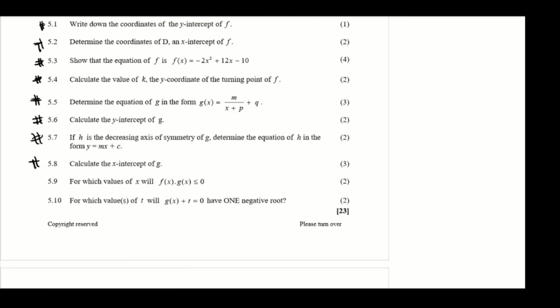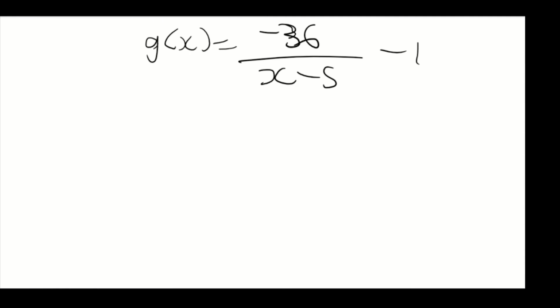Now 5.8, we are asked to calculate the x-intercept of g. We know that g of x equals minus 36 over x minus 5, minus 10.